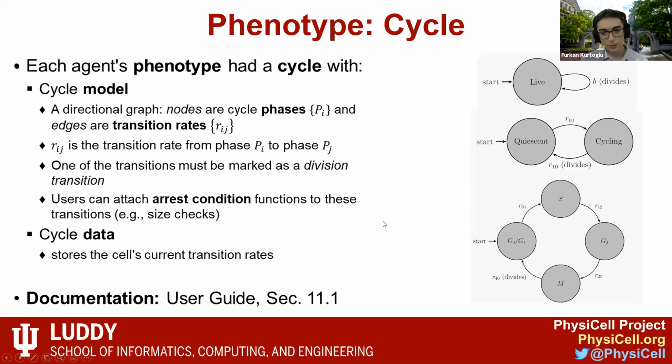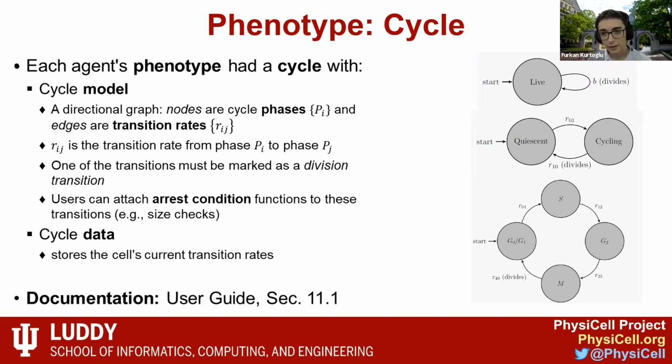So for instance, if there is a low concentration of oxygen and we want to limit the cycle, we can just assign the arrest function and arrest this phase and limit the cell like this. And the cell data stores the cell's current transition rate.